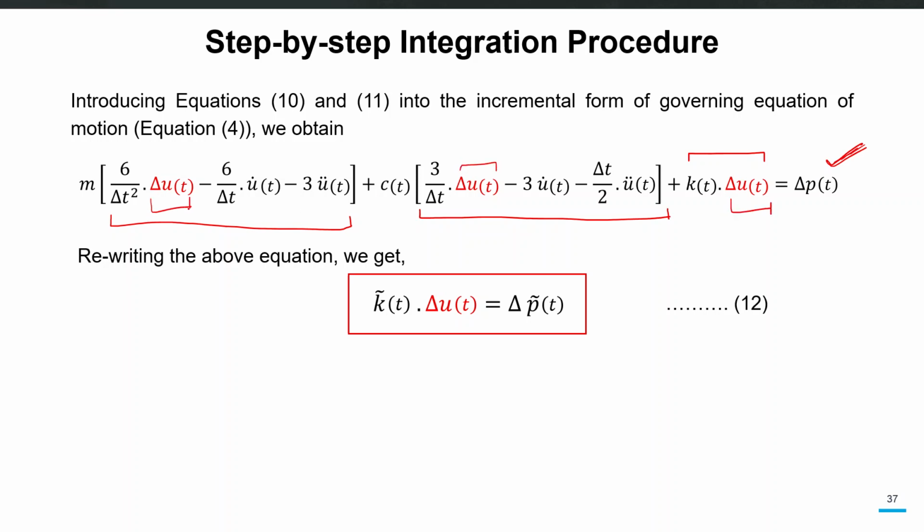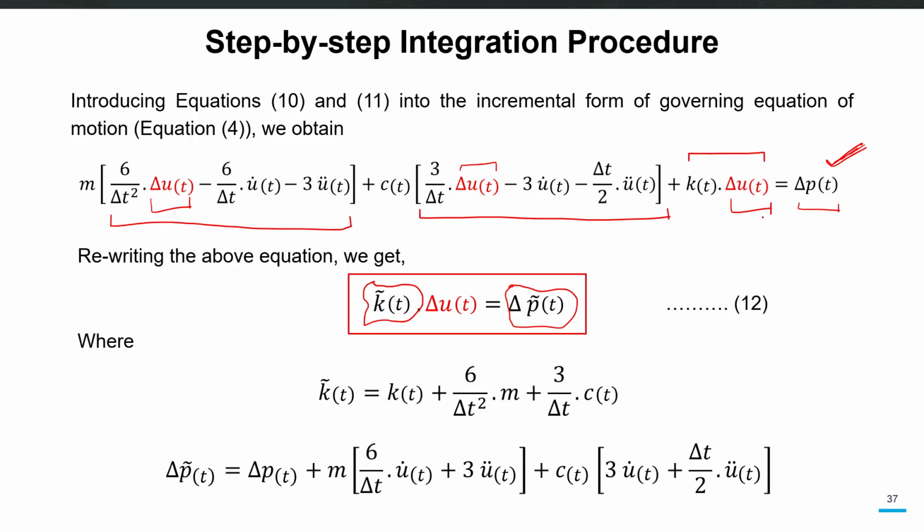You can take that common, and all the terms which were multiplied with delta u of t can be called k prime of t, and the constant values can be taken on the right hand side and combined with delta p of t, and let's call them delta p prime of t.